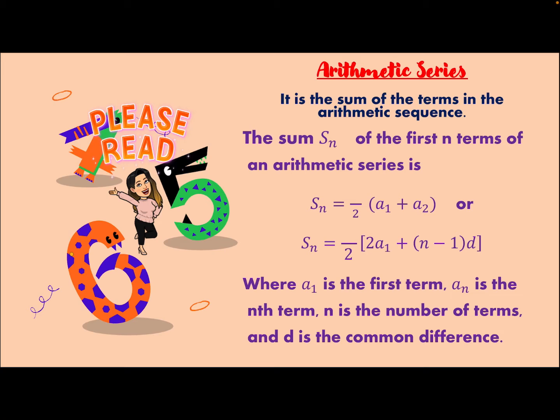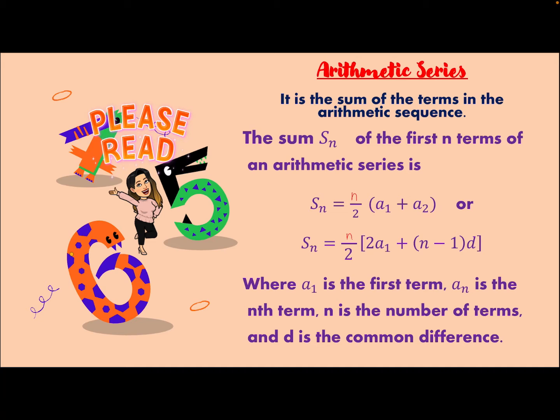So the sum S sub n, or sum of n, pertains to the sum of the first n terms of an arithmetic series. Sum of n is equal to n over 2 times the quantity a sub 1 plus a sub n, or it can be sum of n is equal to n over 2 times the quantity 2 times a sub 1 plus the quantity n minus 1 times d, the common difference.